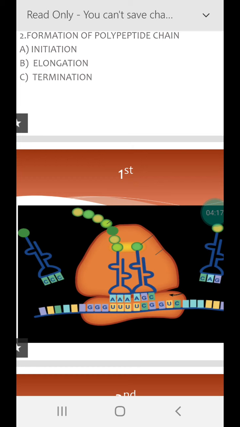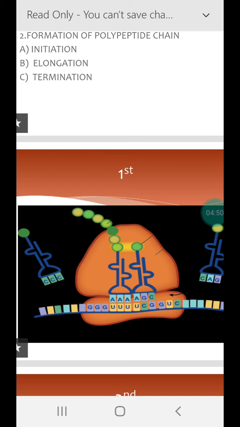So the AA1 tRNA complex now gets attached to start codon AUG, and this is done with the help of anticodon, that is UAC. So AUG start codon and anticodon for this is UAC of tRNA. Small and large units of ribosome join to form 70S ribosome.